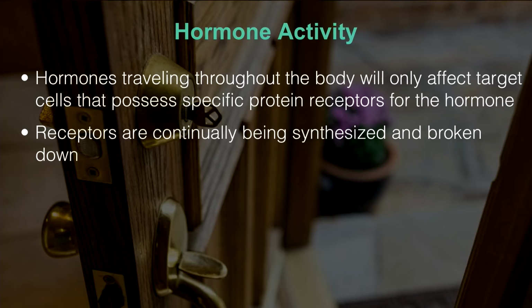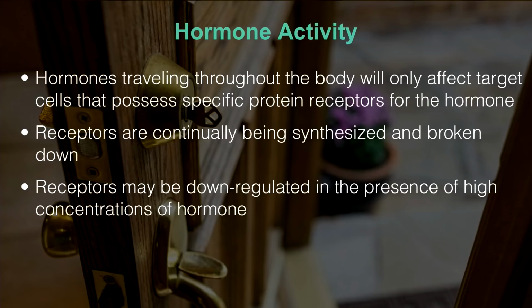Receptors are just proteins, and like any protein in the cell, it's always being turned over. We're making new ones, breaking down old ones. We can increase the production of receptors. If we have a lot of locks, then it's very likely your key is going to find the appropriate trigger. Or we can regulate them so there are fewer receptors.